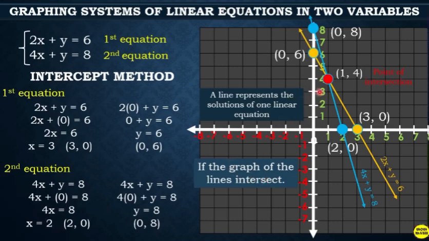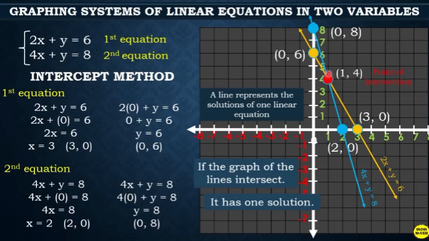So, ito po, since our graph is intersecting lines, so tatandaan, if the graph of the lines intersect, so ilan po ang point of intersection natin? Isa lang. So, therefore, kung isa lang po ang point of intersection natin, then isa lang po ang ating solution. Okay? Paano po ba malalaman yung solution ng system of linear equations? Kung saan po sila nag-intersect. Okay? Kung saan po sila nag-intersect, that is your solution.